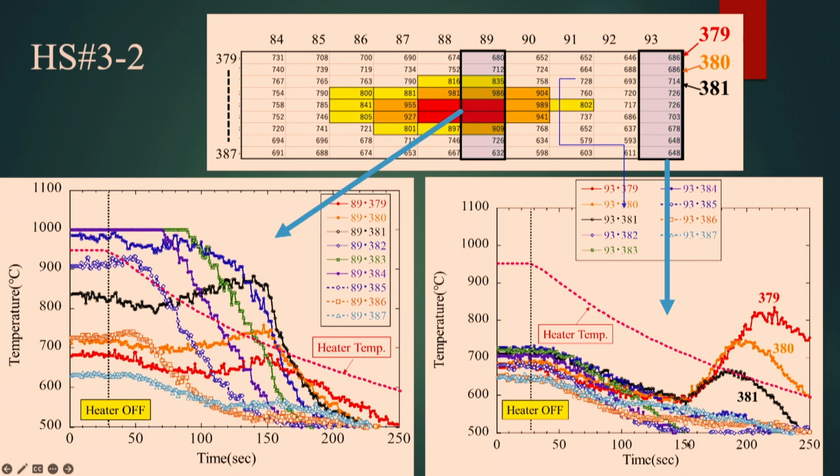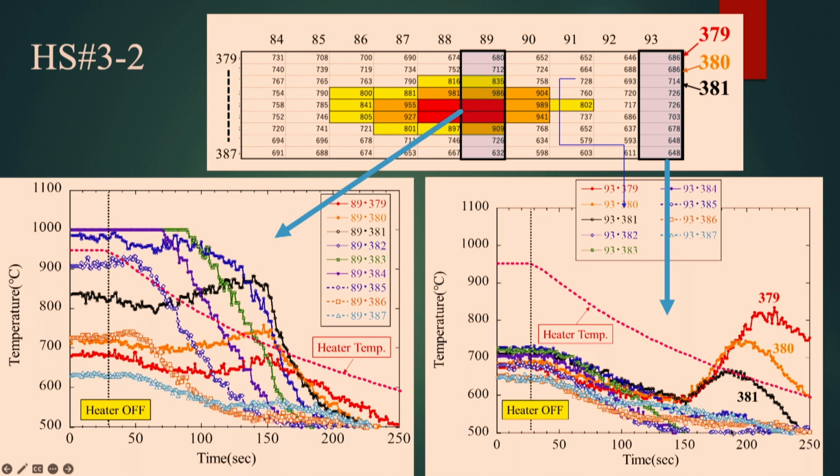However, at 150 seconds, these 3 points rise again like this. And moreover, 381, this point is nearest to the hotspot but not so high, and this region is highest. And also, in this case, these spots' temperatures gradually decrease.